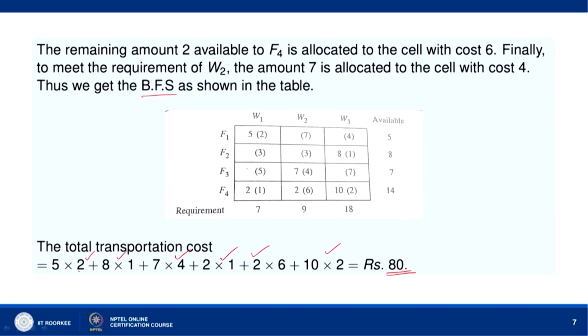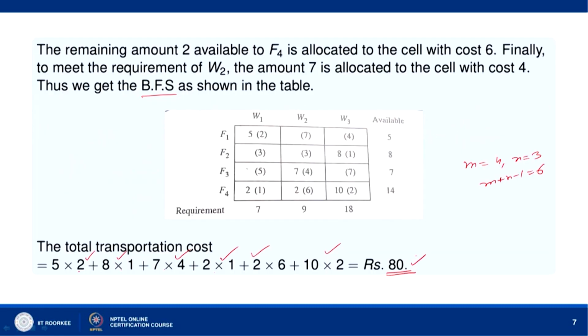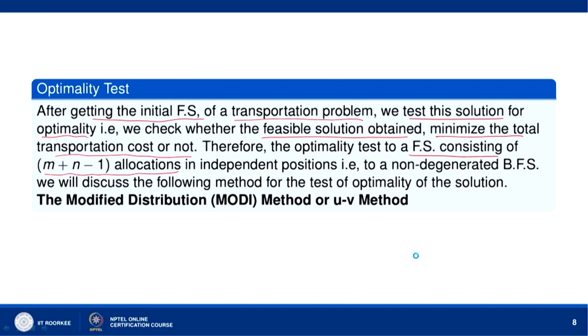You see 1, 2, 3, 4, 5, 6 allocations we have made, and there are 4 rows and 3 columns. So, m is equal to 4 and n is equal to 3. So, m plus n minus 1 equals 6. So, we have made 6 allocations. Let us test whether this solution which we have got is optimal or not, and if it is not, we will improve this to get the optimal allocation.